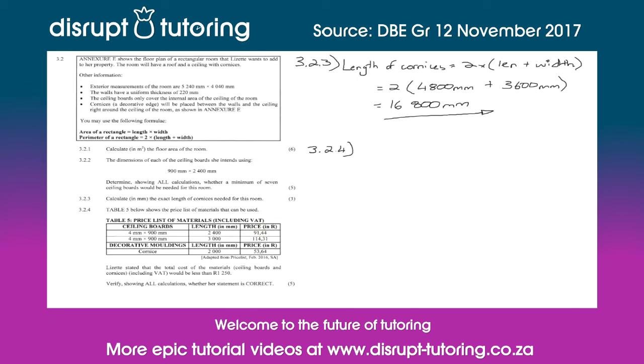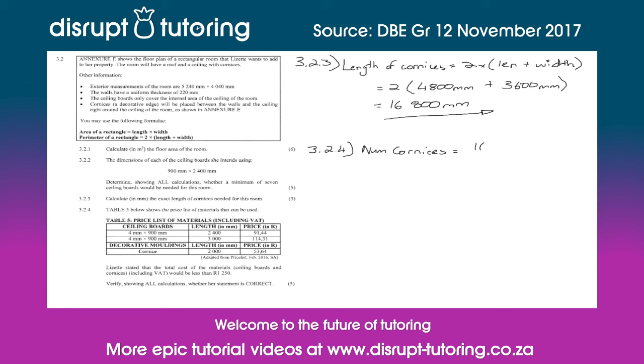And then also the decorative moldings, they've highlighted here that cornices for a length of 2,000 millimeters is going to equal 53 Rand and 64 cents. So first off, we need to calculate how many cornices we need. So the number of cornices is going to equal this number that we calculated in the previous question.